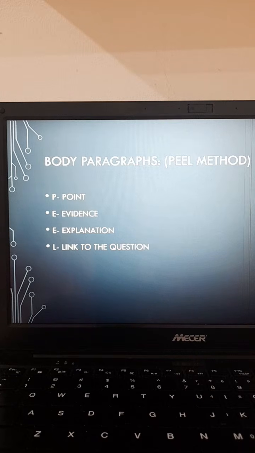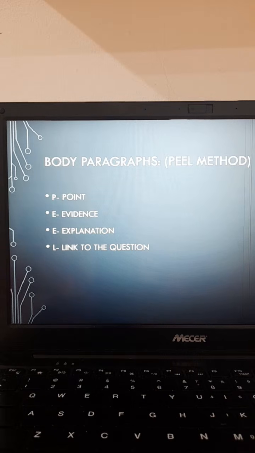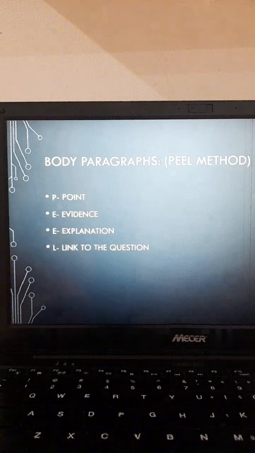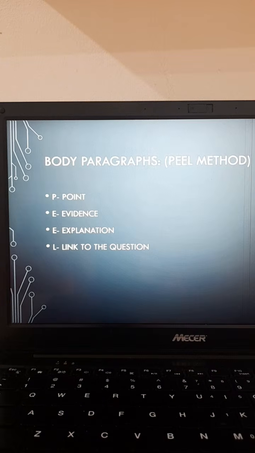Whatever you wrote, linking to the question means whatever you wrote in the paragraph, how does it link with the question? How does it support the question? You understand? In other words, linking back to the question, you are taking the information that you wrote in the paragraph and connect it with your topic, with your main topic sentence that you wrote in your introduction. You get what I'm saying?